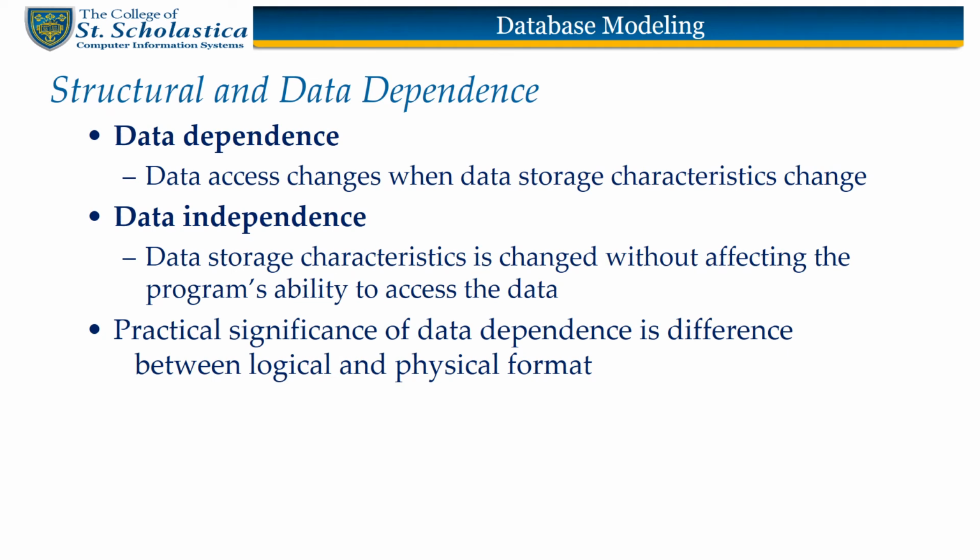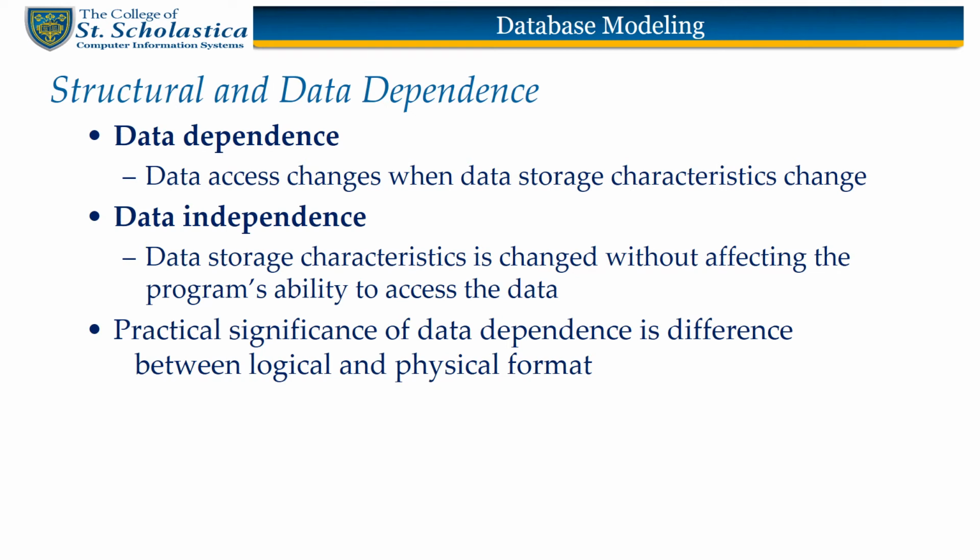Data dependence is a condition in which the programs that access data are dependent on the data storage characteristics of the data. Systems that lack data independence are said to exhibit data dependence. File systems exhibit data dependence because file access is dependent on a file's data characteristics. Therefore, anytime the file data characteristics are changed, the programs that access the data within those files must be modified.